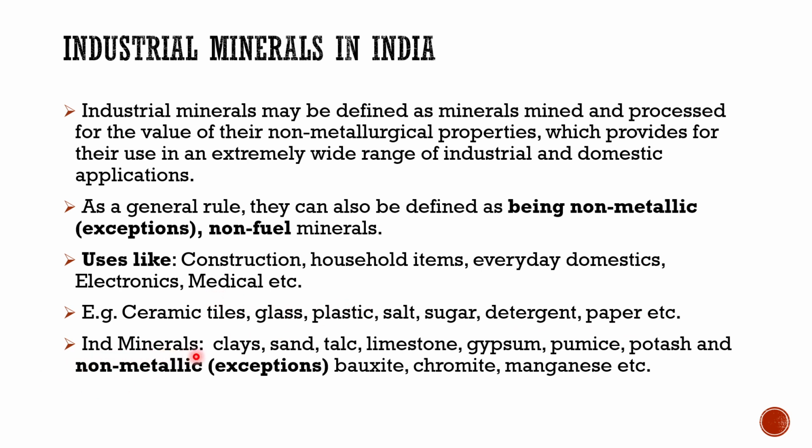Industrial minerals, as some examples, are clay, sand, talc, limestone, gypsum, pumice, potash. These are non-metallic and non-fuel minerals, and we have some exceptions of metallic industrial minerals like bauxite, chromite, manganese, etc.